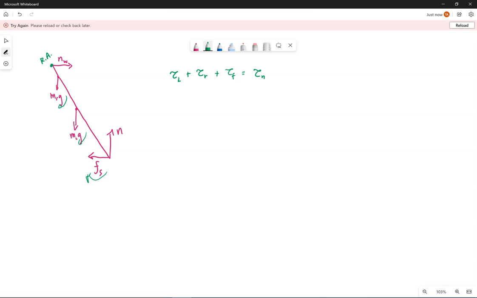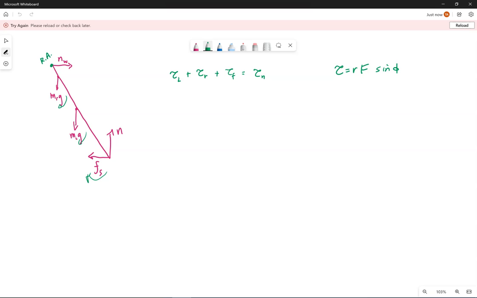The R's would have different meanings as well. So when we say torque is RF, oh, my computer's freezing up a little bit again. RF perpendicular or RF sine phi, whichever way we want to write it.